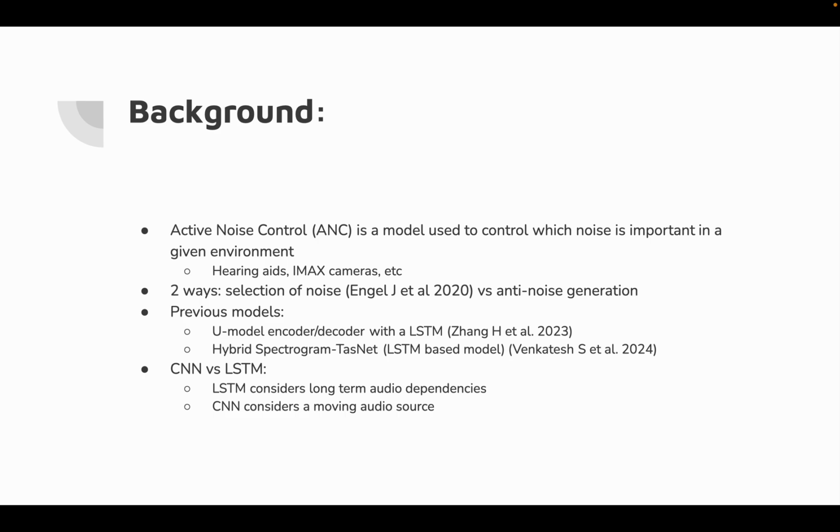And furthermore, the papers I read that use CNNs consider this moving audio source, but are limited to convolutions. So they have a hard time trying to generalize what the anti-noise signal should be.